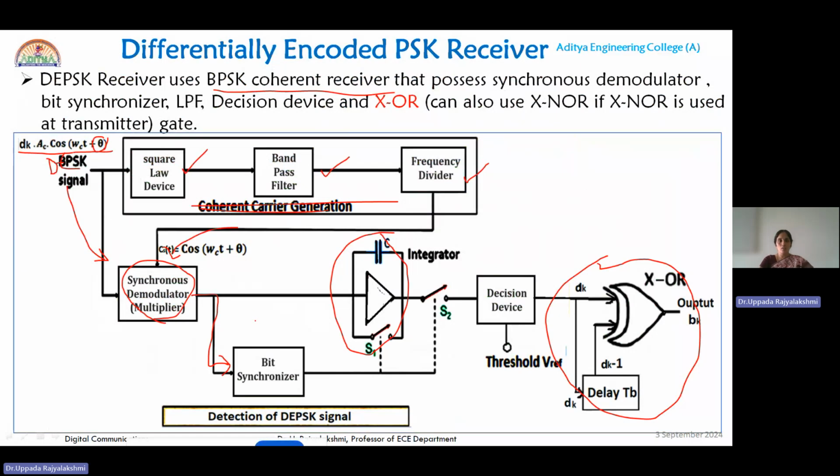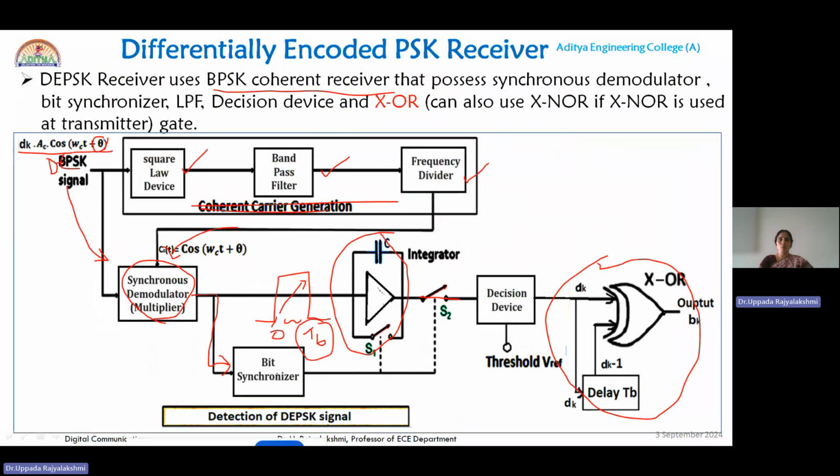And here switch S1 is closed at time interval 0. And from 0 to bit interval TB, both switches are made open. Once both switches are made open, integration is performed, so you will get a ramp signal. And after completion of the bit interval, switch S2 will be closed. Then the integrator output is applied to the decision device.